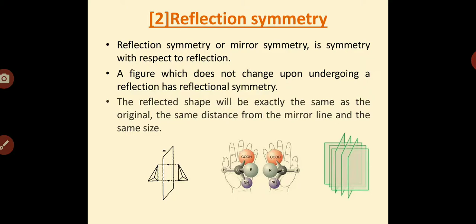See in the picture, the left hand, after showing in a mirror, left and right look the same, so we can say it possesses reflection symmetry. The second picture shows a molecule on reflection, left and right hands reflection. After reflection also it looks the same. In the last picture also the planes are shown, that give us reflection symmetry.